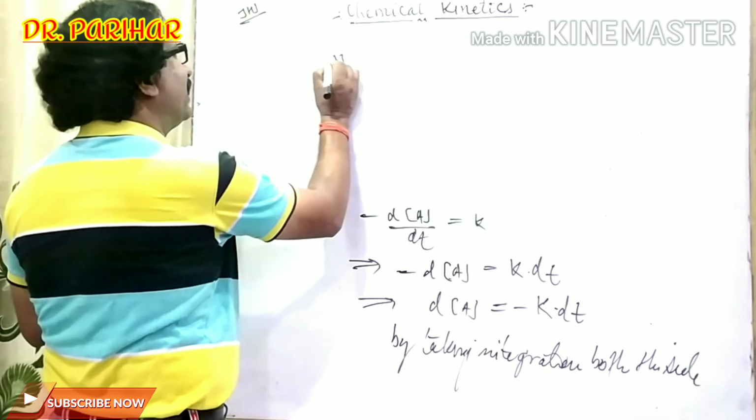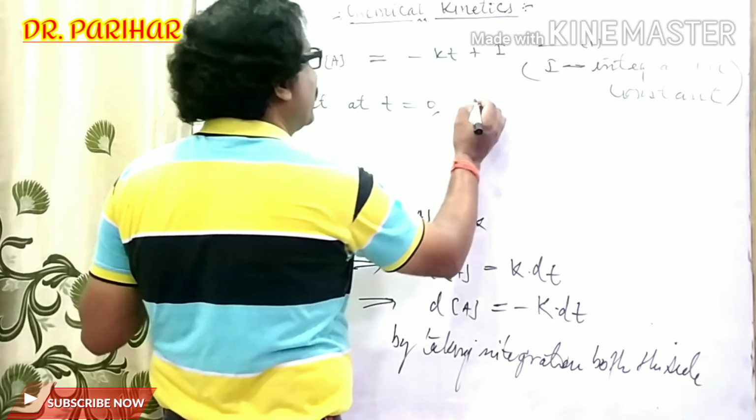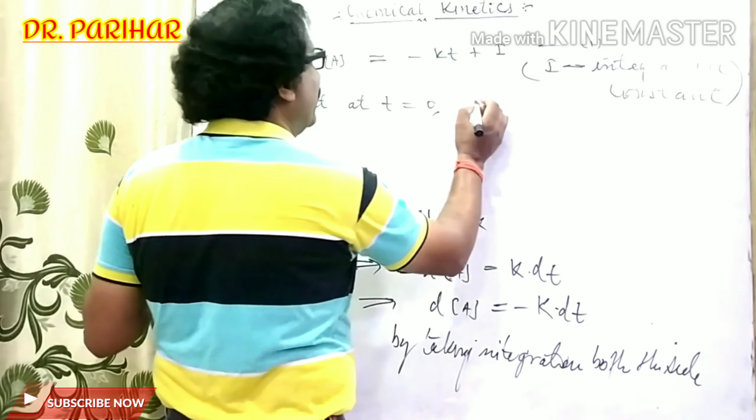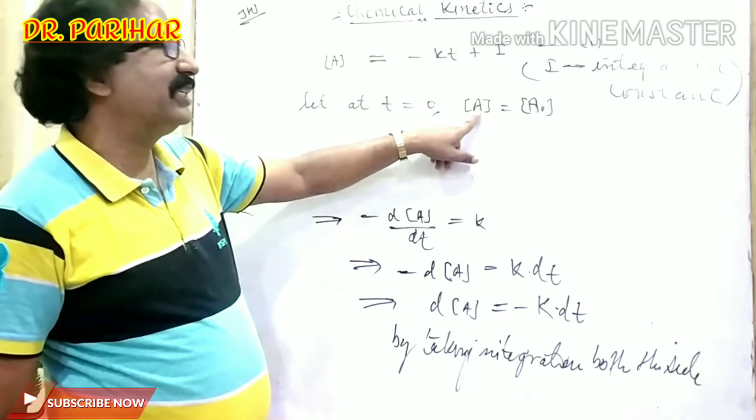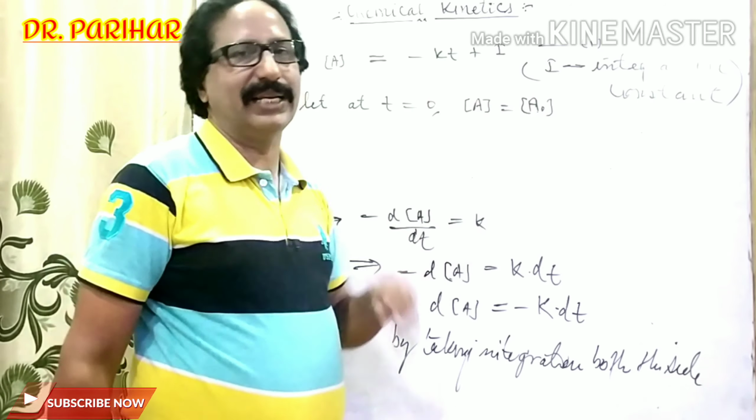Let T be 0 when the reaction has not started. When T is 0, its remaining concentration must be equal to its initial concentration. T is equal to 0 means the reaction has not started. In this condition, the remaining or final concentration must be equal to the initial concentration.